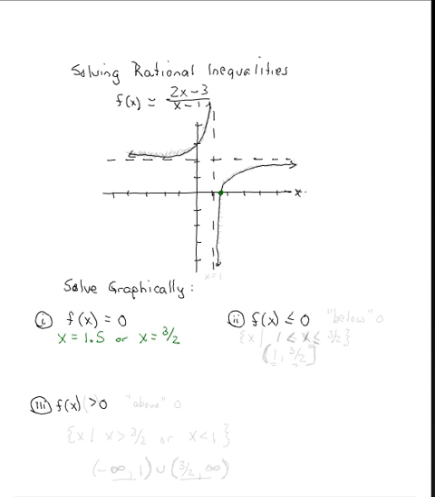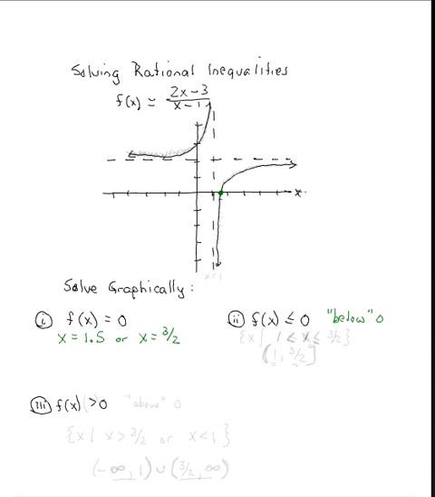In order to solve the inequality then, when is f of x less than or equal to 0? Keep in mind, when we're looking at an inequality, the function values below 0 would be the function values that are less than 0. We really want to know when are there function values below 0.